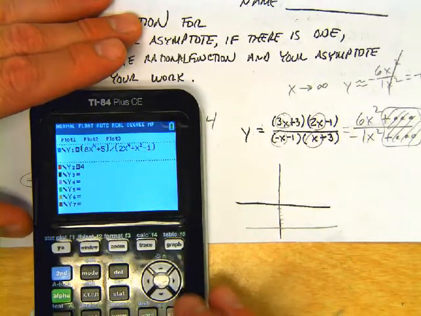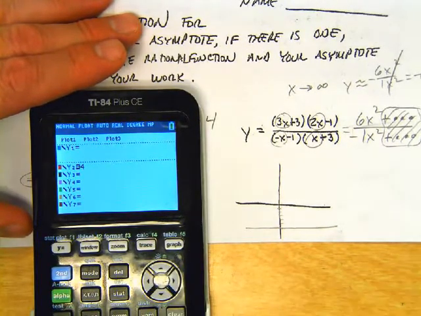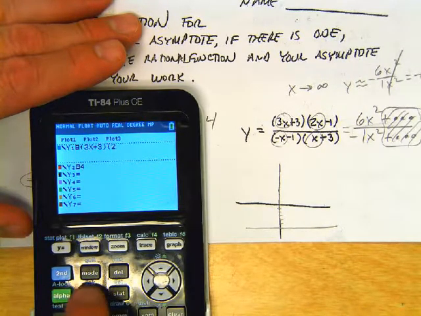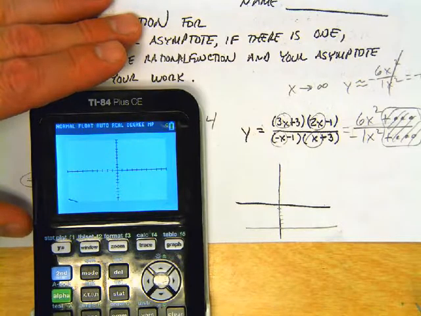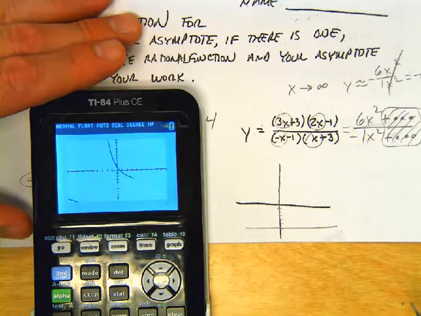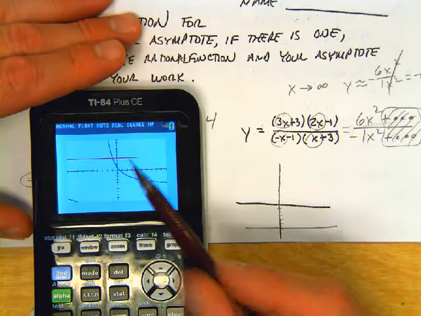So entering the function, 3x plus 3, 2x minus 1, divided by double parentheses, negative x minus 1, and x plus 3, close parenthesis. It's kind of hard to see there, and I drew the asymptote in the wrong location. So let's go back in.